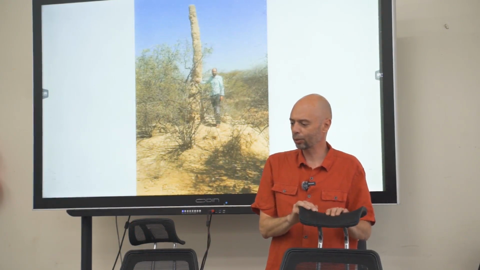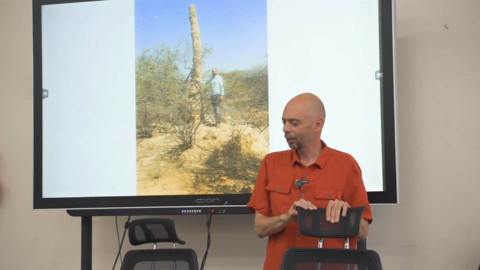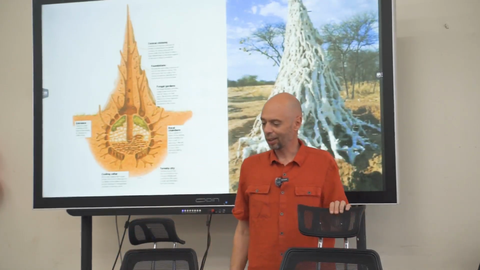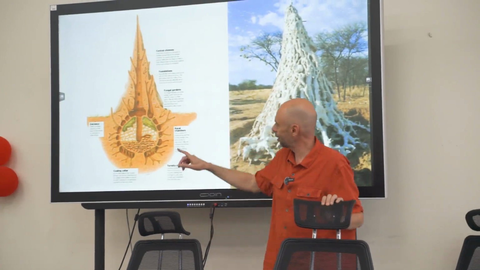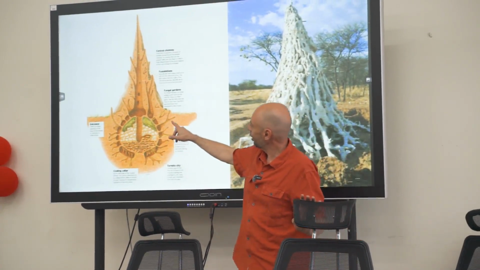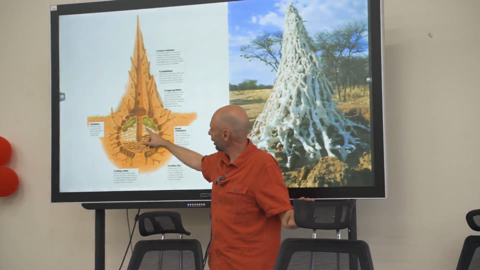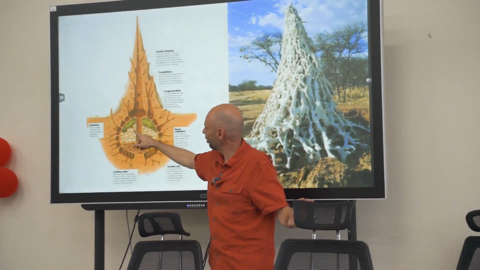Some animals brought this idea of burrows to extreme levels of complexity. This is a termite nest. Here we are in southern Ethiopia. You find a lot of these kinds of structures around. On the left, you can see that a termite nest is really a complicated place. They are cultivating mushrooms in these areas.